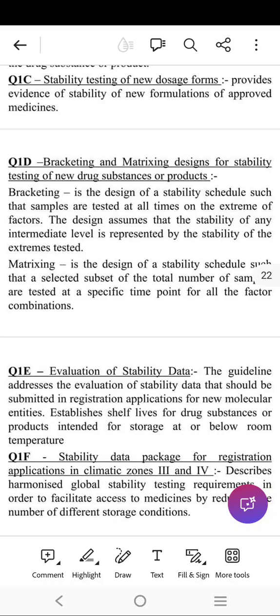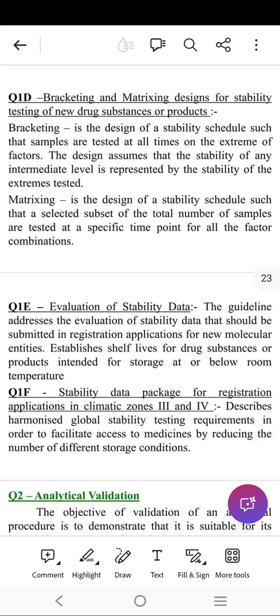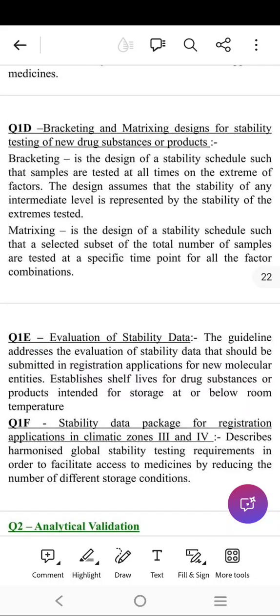The design assumes that the stability of any intermediate level is represented by the stability of the extremes tested. Matrixing is the design of a stability schedule such that a selected subset of the total number of samples is tested at a specific time point for all factor combinations.